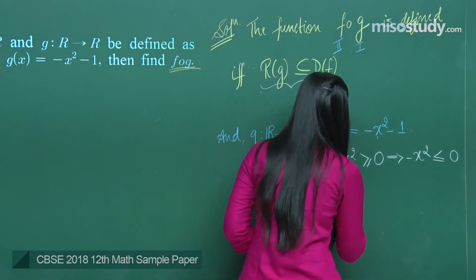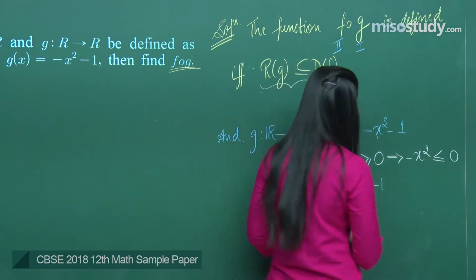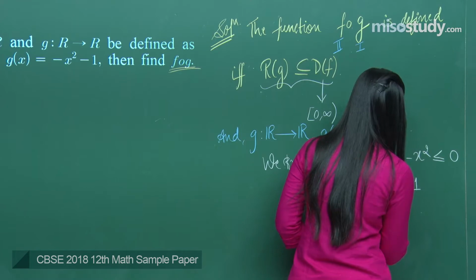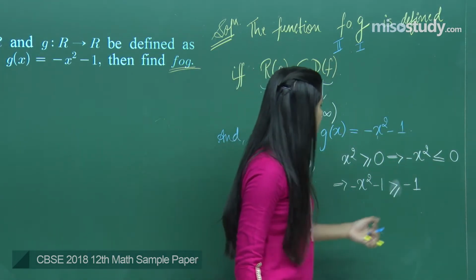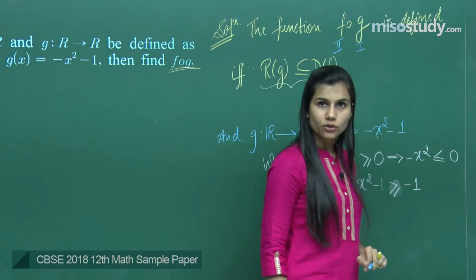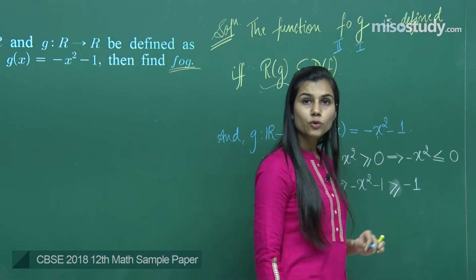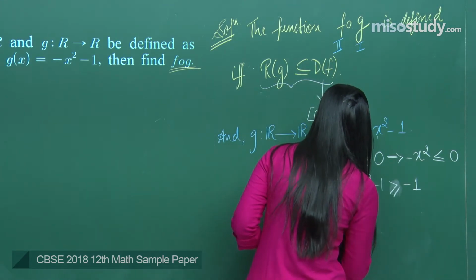So minus x square minus 1 is what? It's greater than or equal to minus 1, right? If minus x square is less than or equal to 0, then minus x square minus 1 is greater than or equal to minus 1, isn't it? So what is it that you get from here?